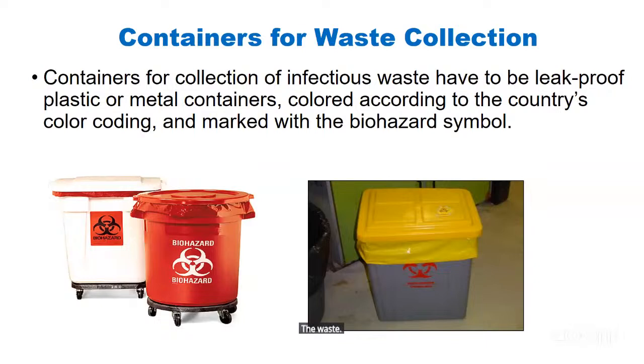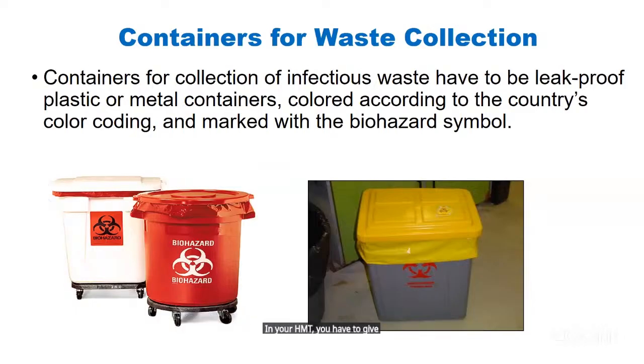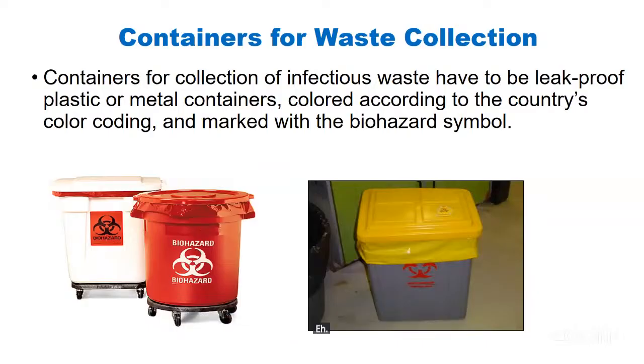So we have waste containers. The containers for collection of infectious waste have to be leak-proof. That is very important. When you are doing your purchasing in your HMT, you have to give a specification of the type of container that you need. Leak-proof container; metal containers can be used, especially in radioactive areas.